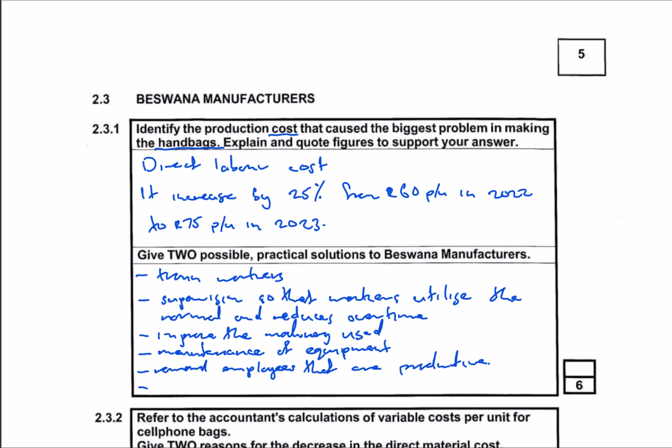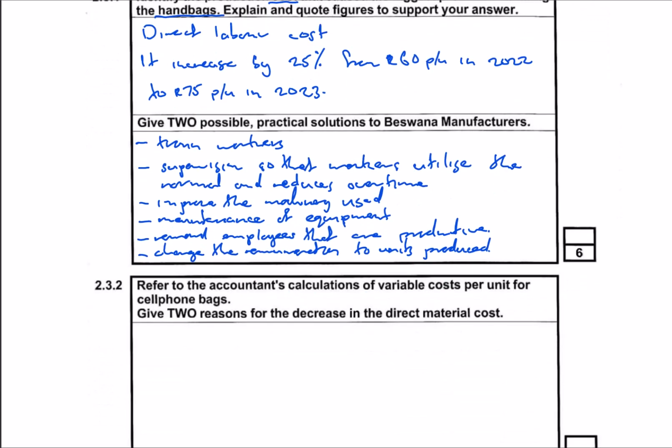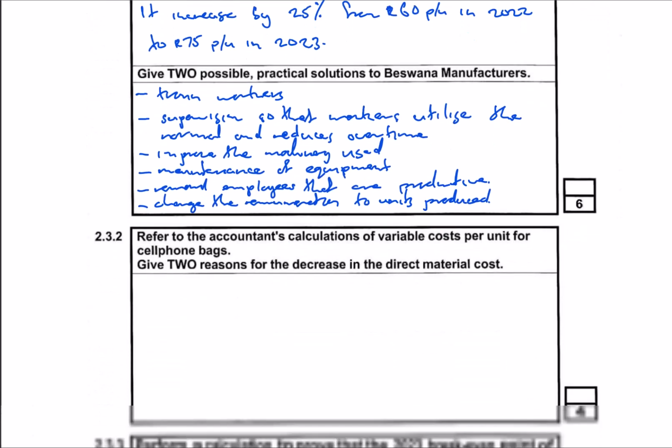Then change the remuneration to units produced. So basically, you pay employees by the number of units that they produce. And those are enough. Any two will do.